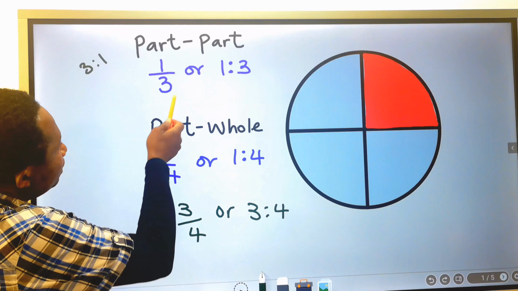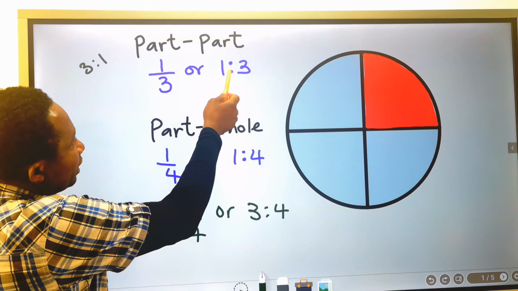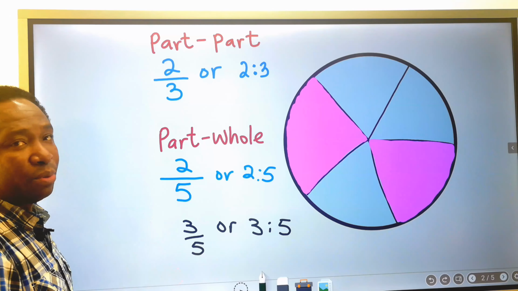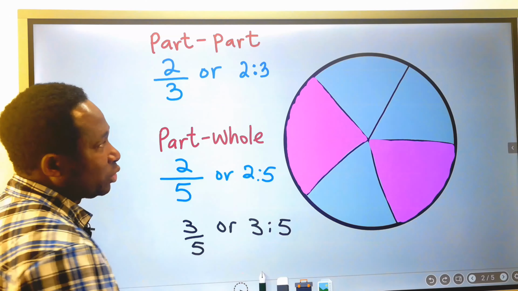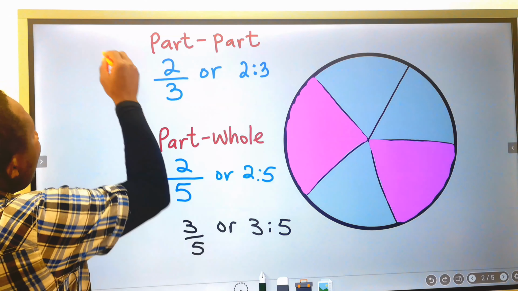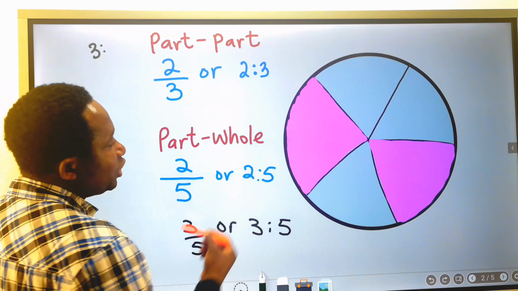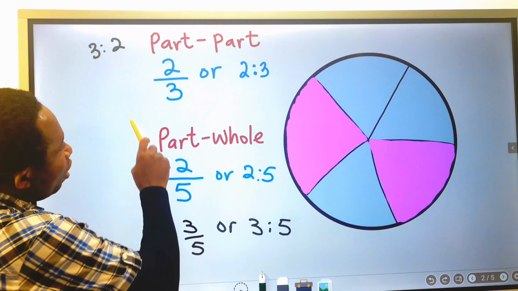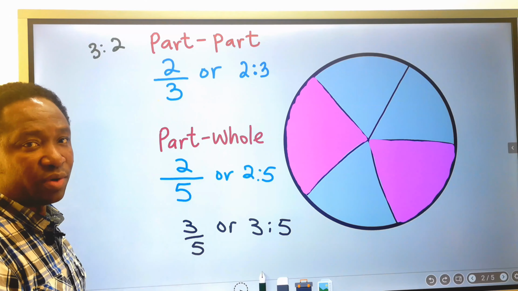But if we are considering the shaded portion first, we're going to have it as 1:3. Likewise, in this example, if we consider this unshaded portion first, we're going to have 3:2, the remaining shaded portion is 2. Which comes first depends on your first consideration.